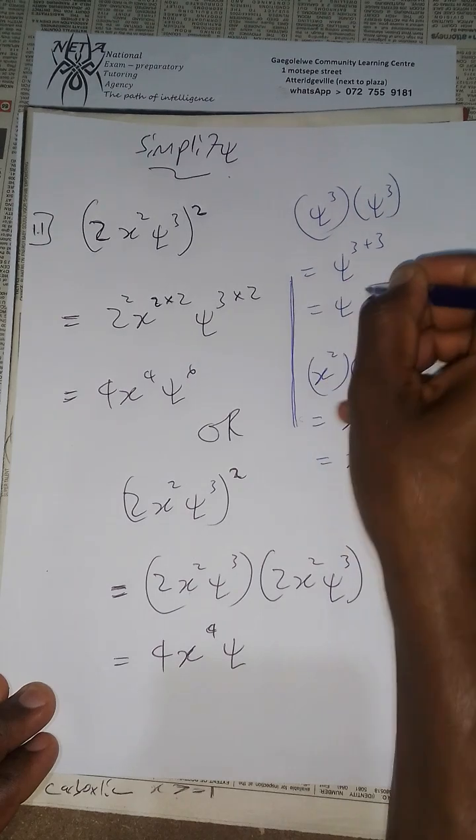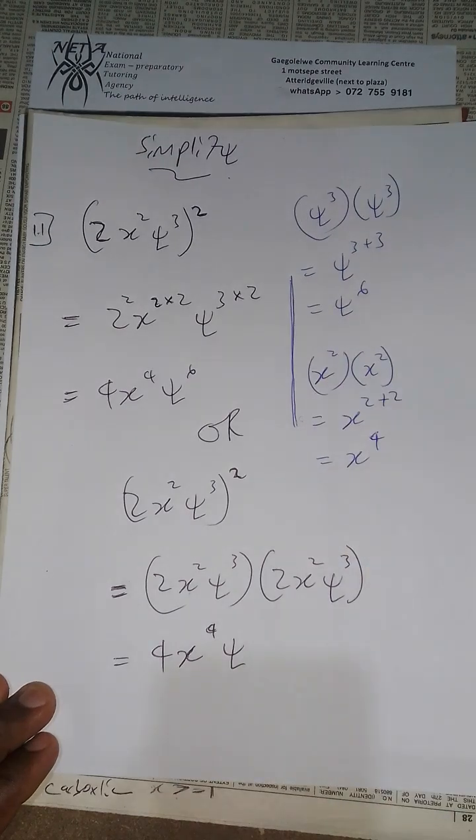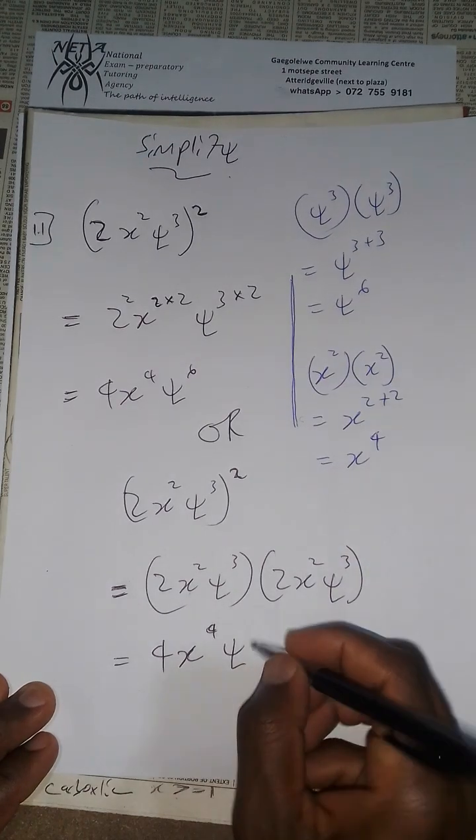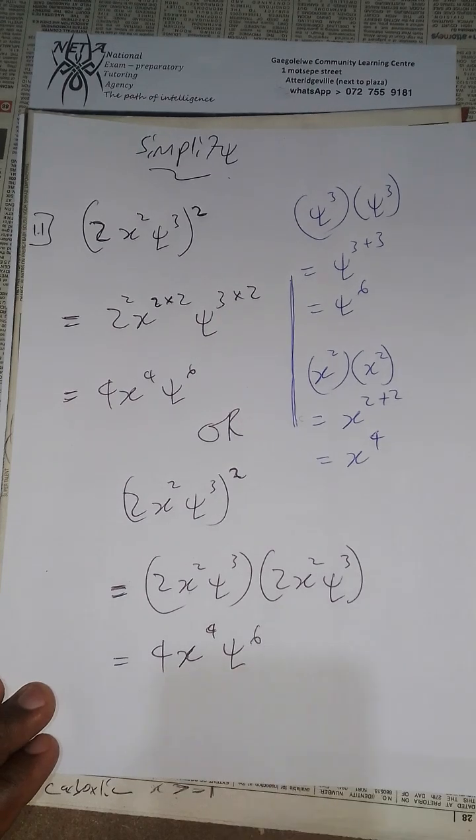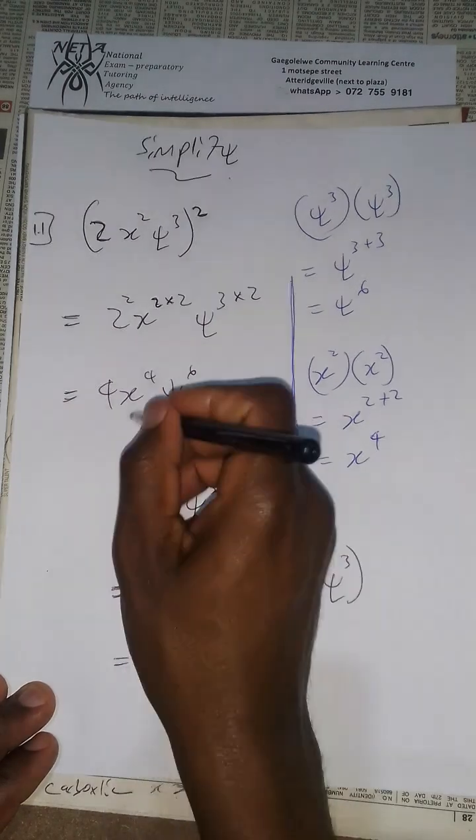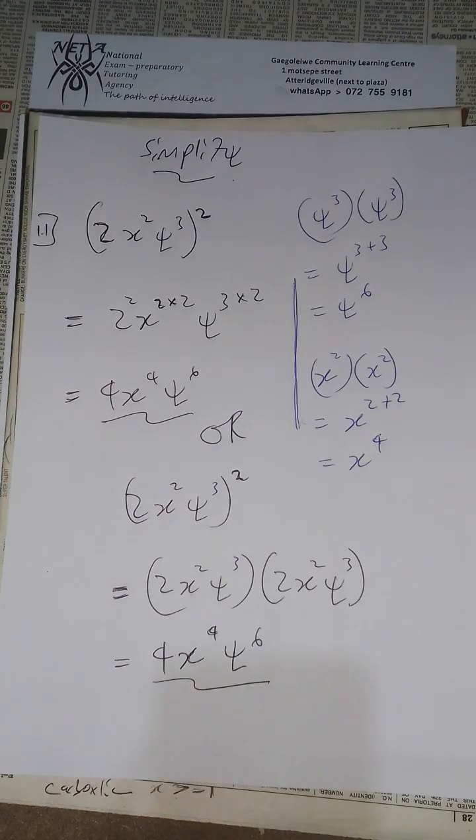We add our exponents, and we get the value of 6. Now this is the same answer as the first method. So you can decide which avenue you take, the one that is simple for you and the one that you are able to handle.